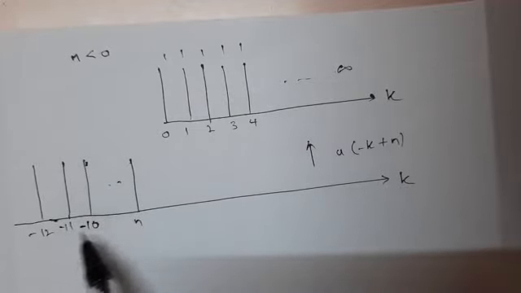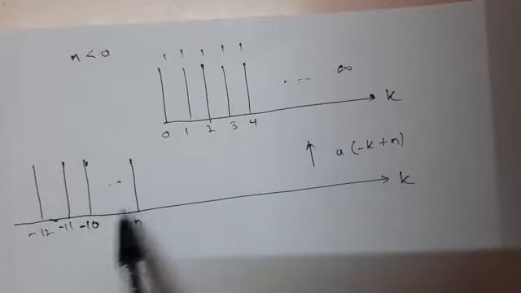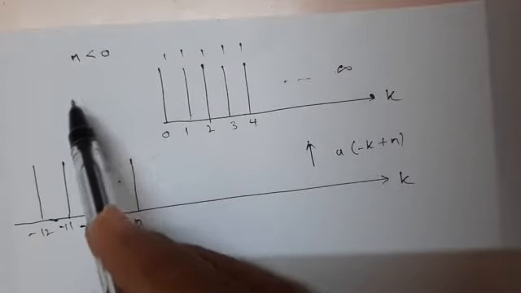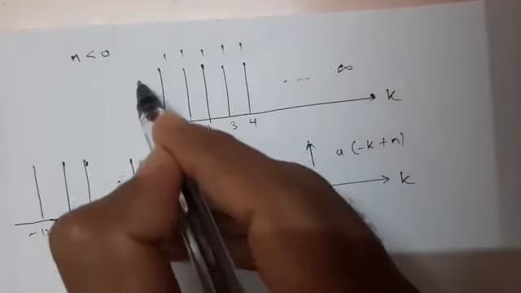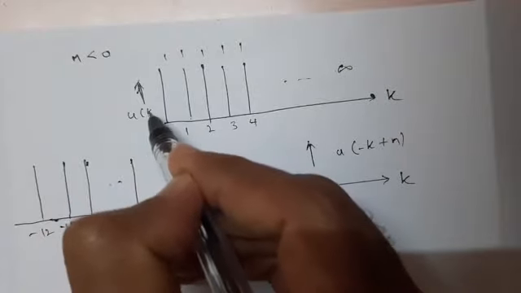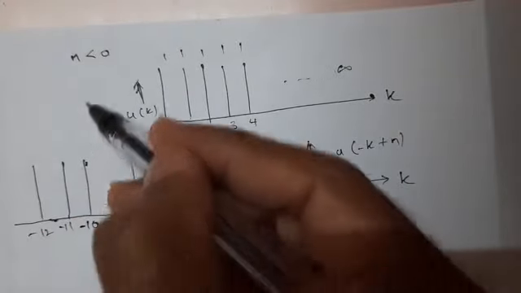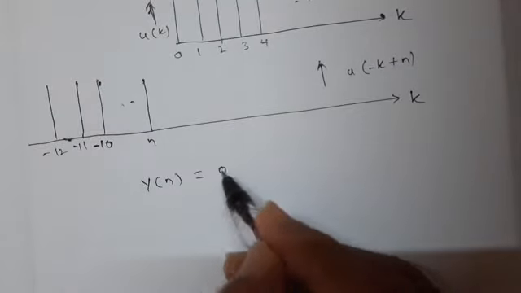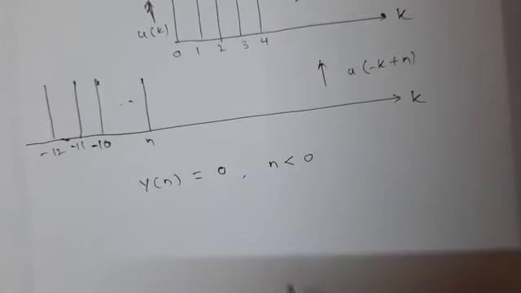Similarly, you have samples for u of minus k plus n towards the left side, for n equal to minus 5, minus 6, minus 7, you have the values. But u of k, you don't have any samples towards the left side. So when you multiply this, again you will get 0. So for n less than 0, you have y of n equal to 0.